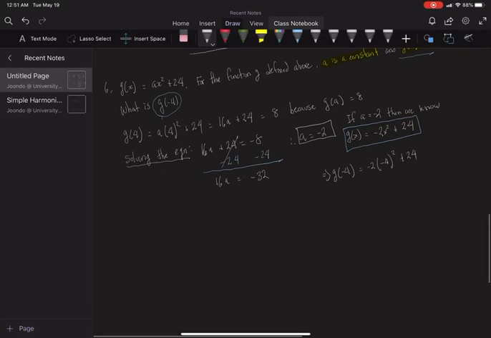So 16 times negative 2, this is negative 32, plus 24. So negative 32 plus 24 is equal to negative 8. Therefore, g of minus 4 is equal to negative 8. Okay? This is one other simple question we can solve easily.